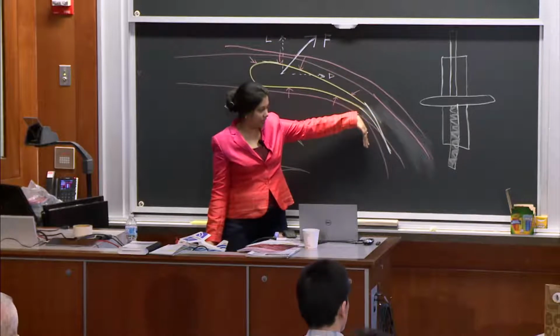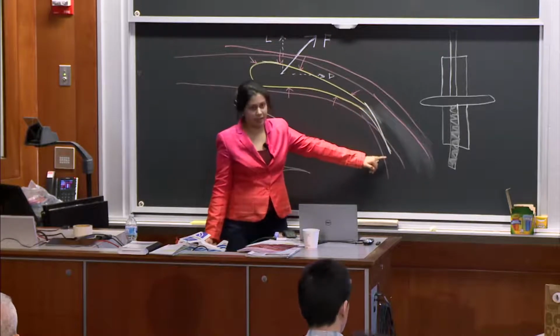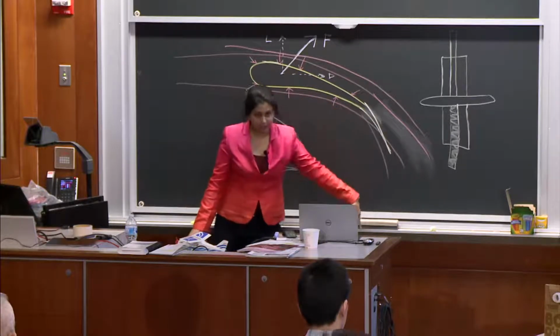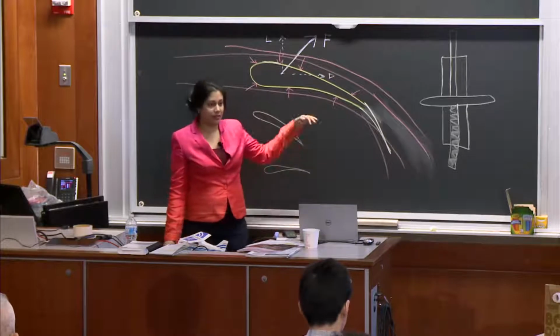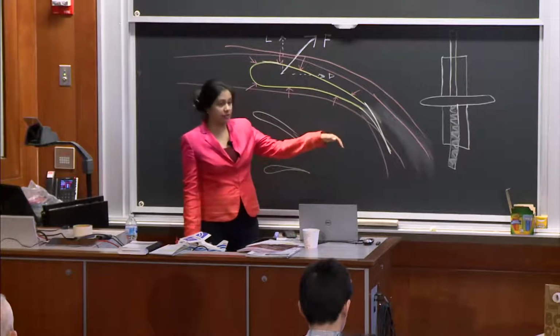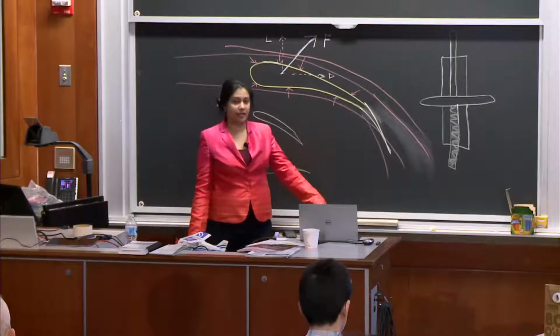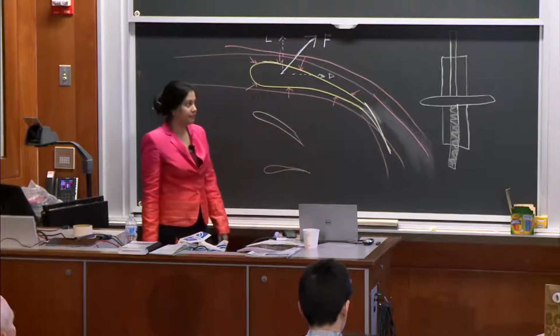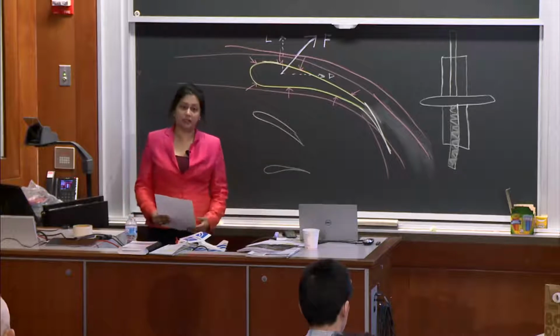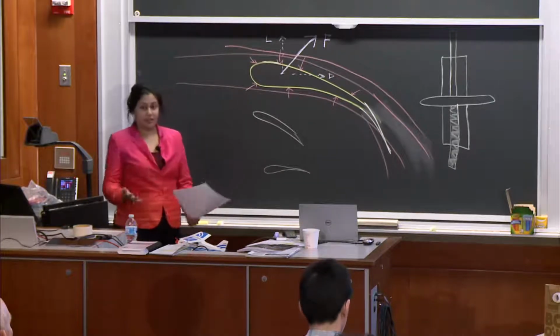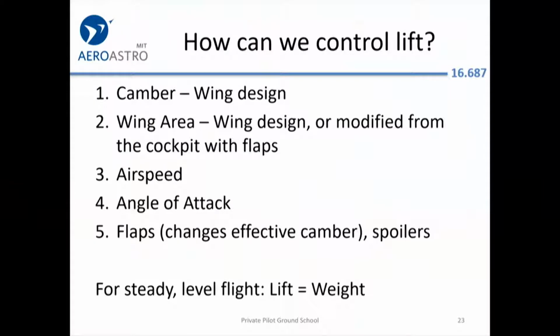But when your flaps are down, it's effectively like pulling a piece of your trailing edge downward, which causes, again, more of that air to be deflected downward. So it increases your drag, but it also increases your lift because you're deflecting more air molecules down. And then we also talked about spoilers, for example. It's something that, like on a car, can actually disrupt the lift by disrupting the airflow.